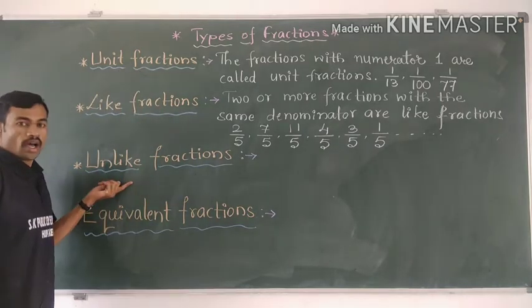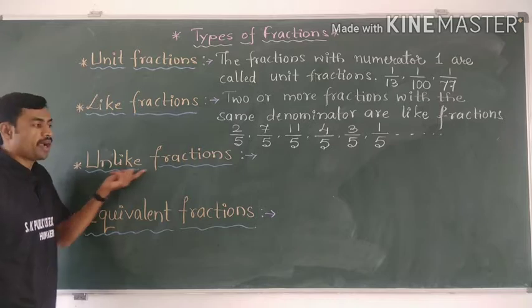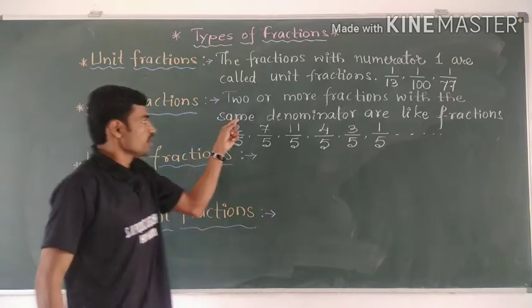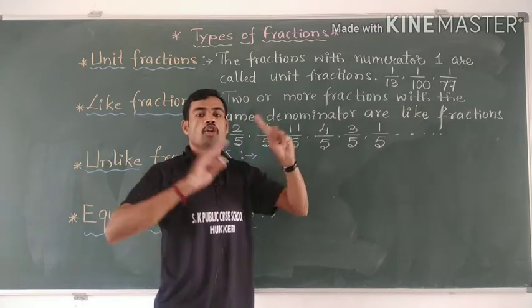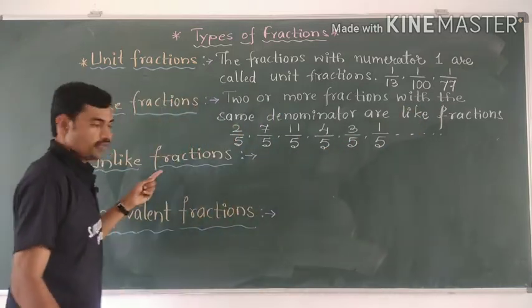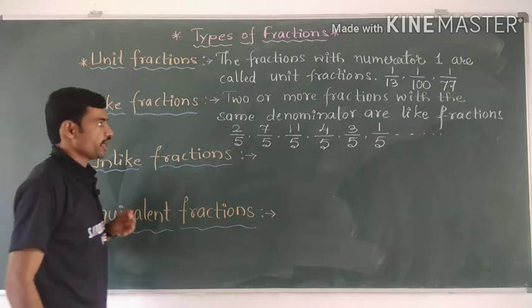Next, come to unlike fractions. What do you mean by unlike fractions? Same denominators are like fractions. If the denominators are different, we say they are unlike fractions.